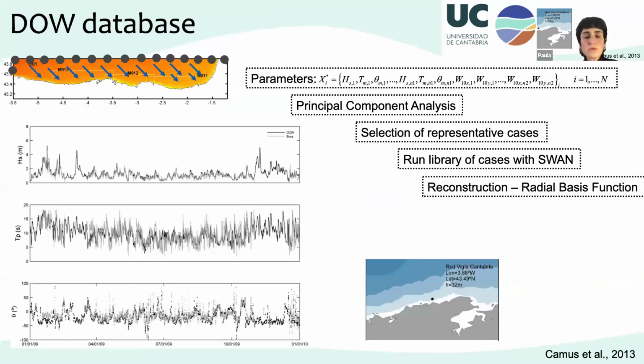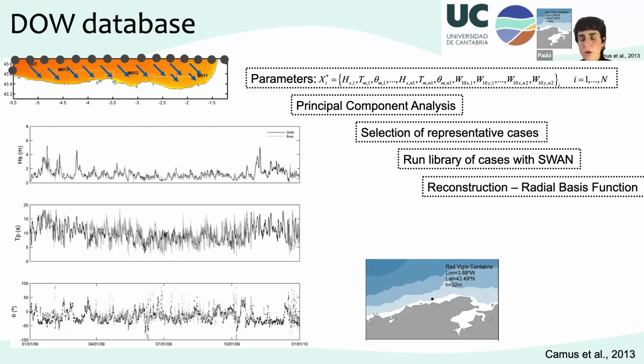We can make this more complex. Here is what we did for developing the DOW database. In this case, we consider that the wave condition along the boundaries of the computational grids has a certain spatial variability, and also we consider wind fields. So the parametrization of this problem implies a lot of wave conditions and wind conditions and many grid points.